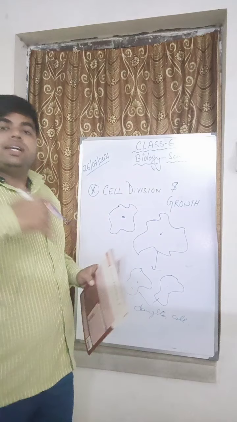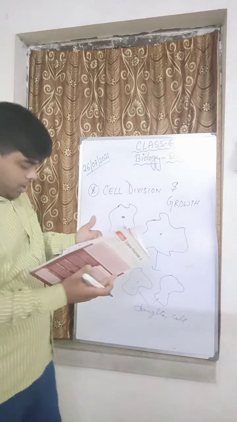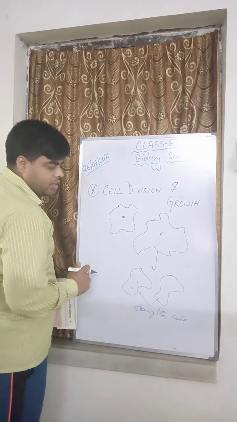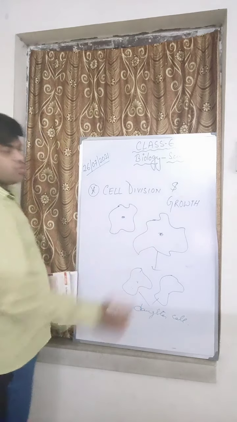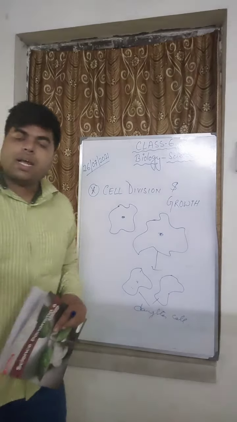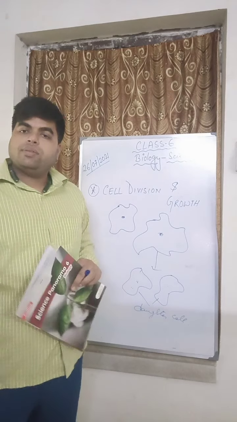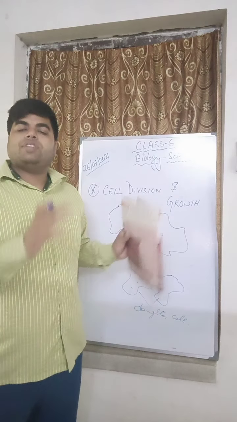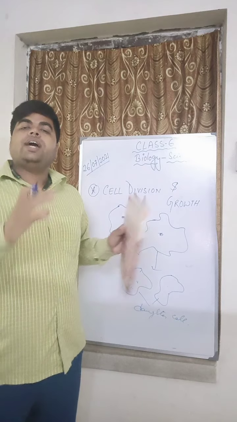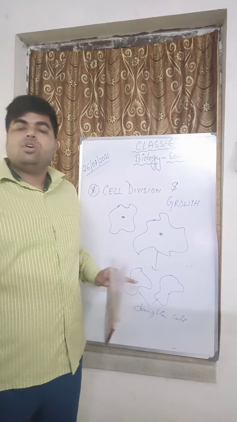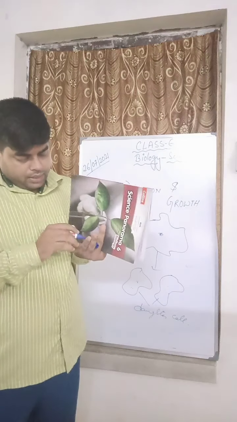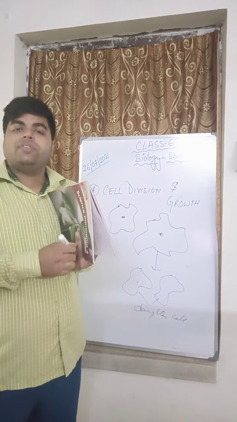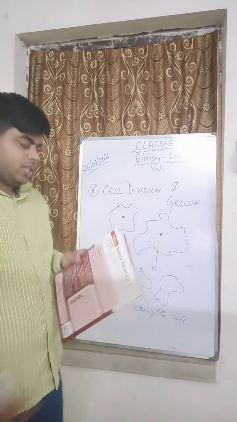But in meiosis or reductional division, the parent cell will have a few parts, and the daughter cells will have a few parts. They will not have the same equal parts. The parts of the parent cell will be divided, and half of the portion will be transferred to the daughter cell. This is known as reductional division. I hope you have understood this, children.